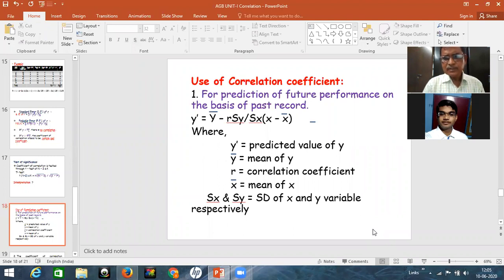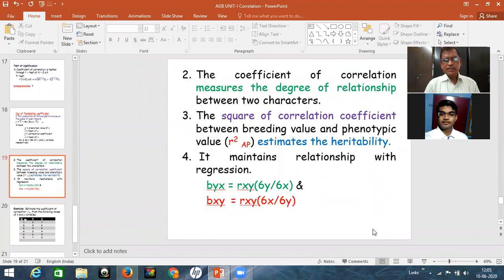The other use: the coefficient of correlation measures the degree of relationship between the two characters, x and y variables, so we can measure how much they are related. Similarly, the coefficient of correlation can also be used for estimation of heritability.